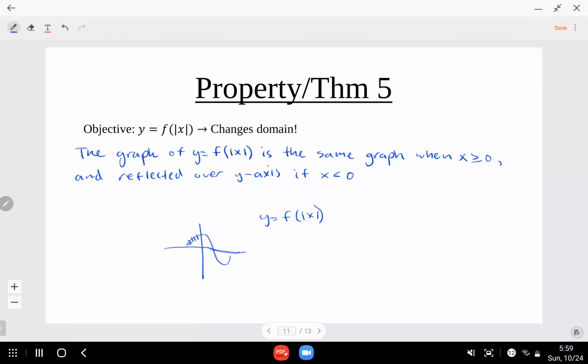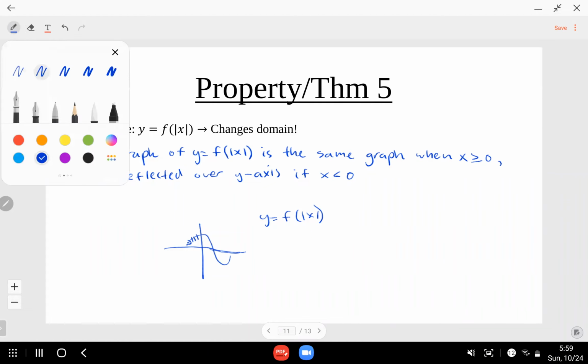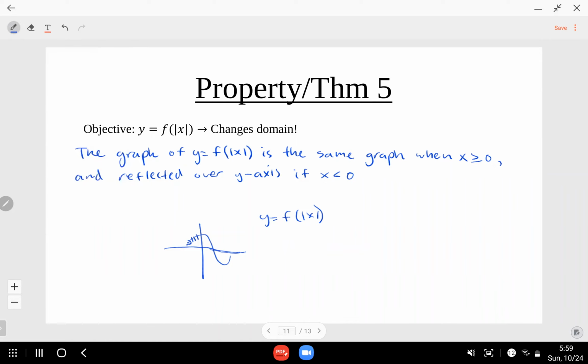This part is irrelevant, because the absolute value of x cannot be less than 0. So we're only reflecting this part, and it's going to look like this. If you had something negative, then that's irrelevant.